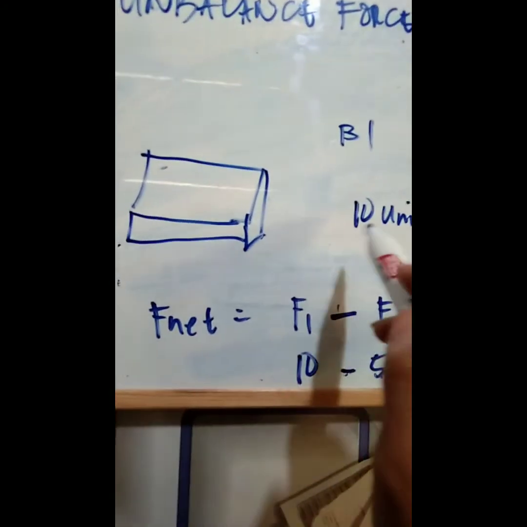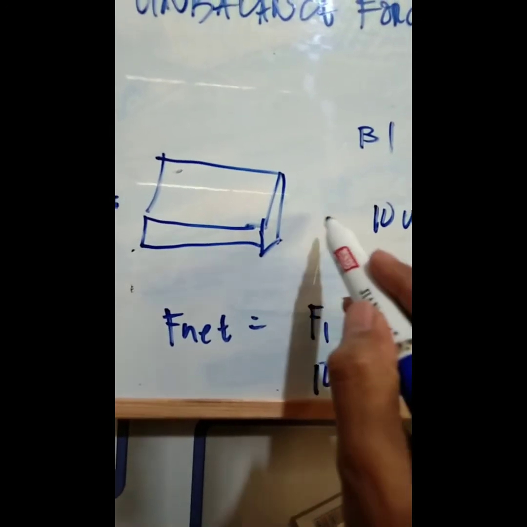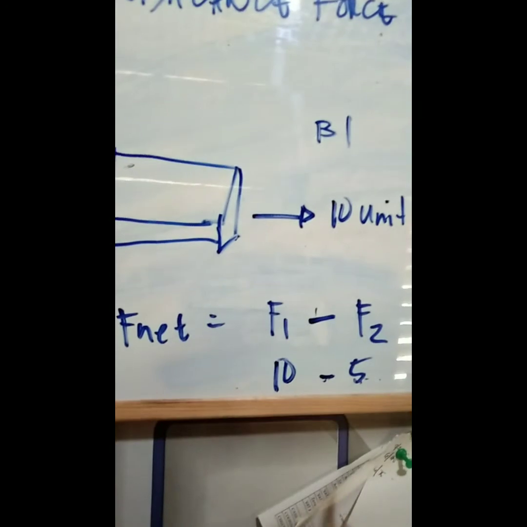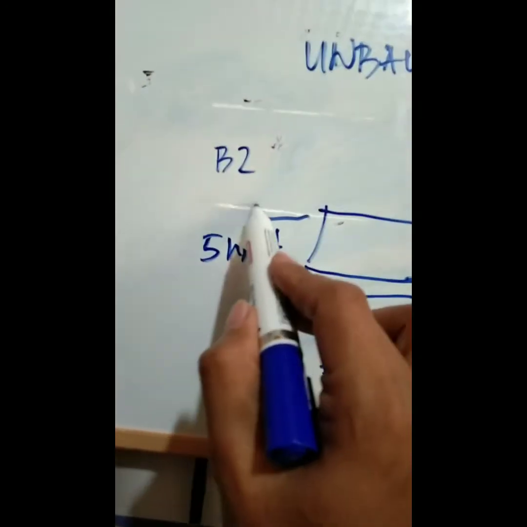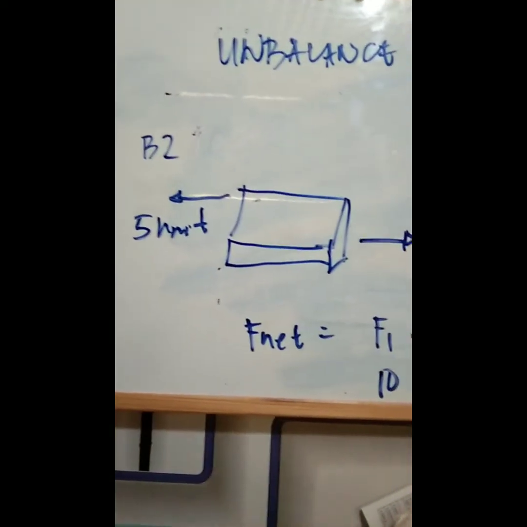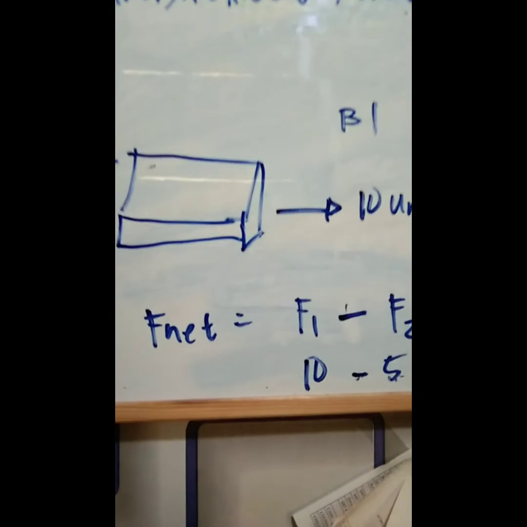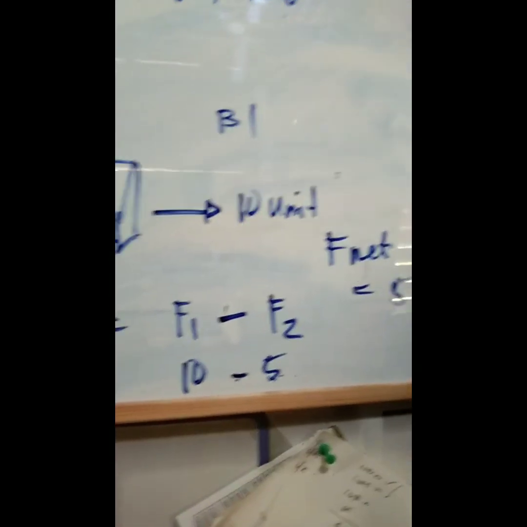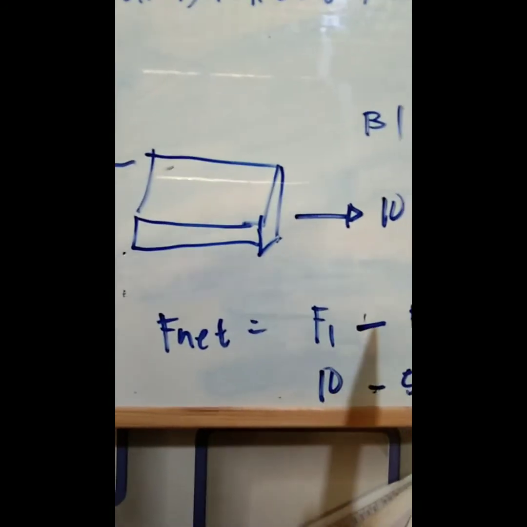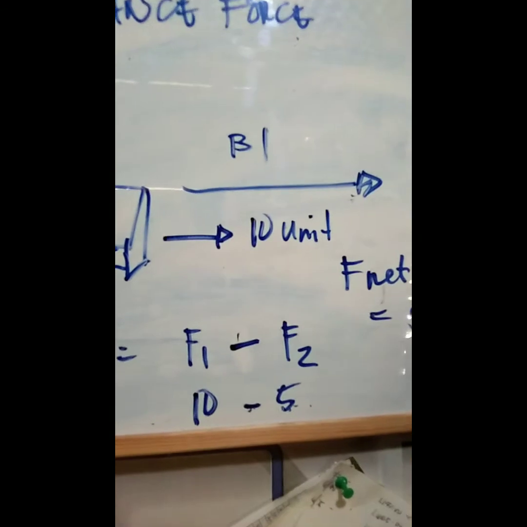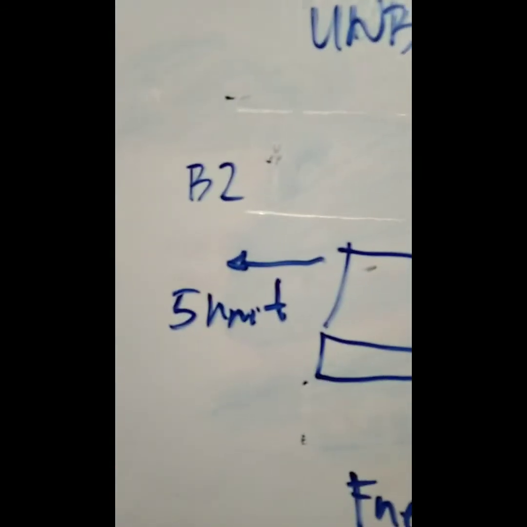Meaning to say, if boy 1 will apply 10 units of force in this direction, and boy 2 will apply 5 units of force in this direction, where do you think the object will go? Of course, by looking at the presentation, the object will go to this side, because boy 1 applies more units of force than boy 2.